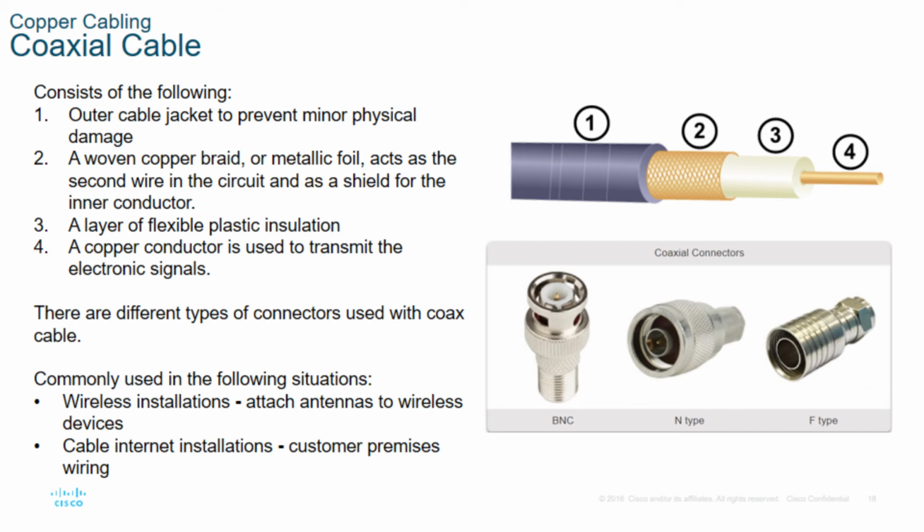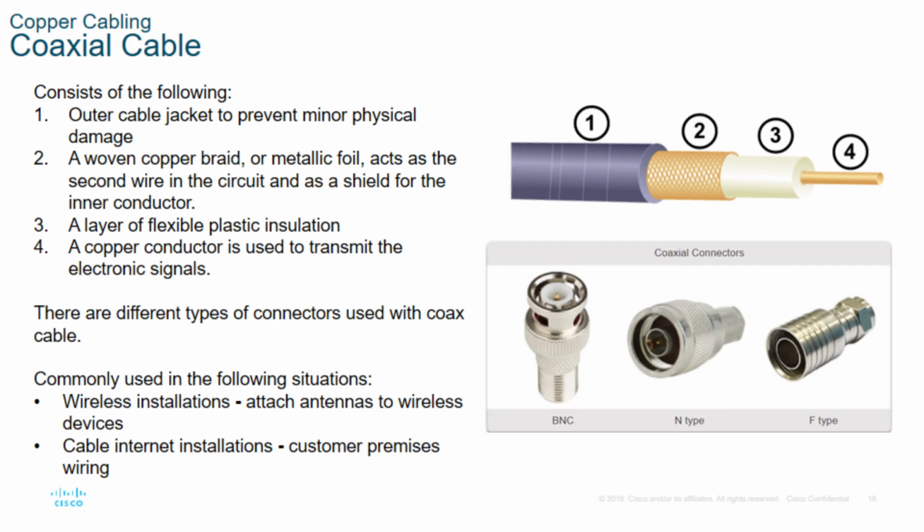The insulating material is surrounded by a braided copper shield that acts as the second wire in the circuit and as a shield for the inner conductor. This second layer or shield also reduces the amount of outside electromagnetic interference, and the entire cable is covered with a cable jacket to protect against minor physical damage.